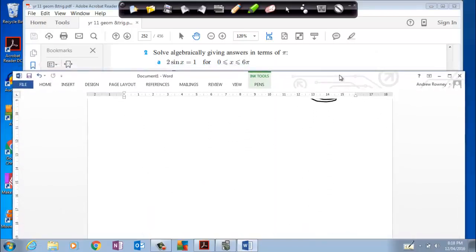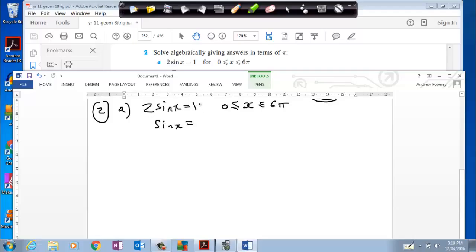Okay, so the question is: solve this equation, 2 sine x equals 1, and this is our domain from 0 up to 6 pi. First thing we need to do is take 2 over the other side, so sine x equals 1 divided by 2, sine x equals a half.